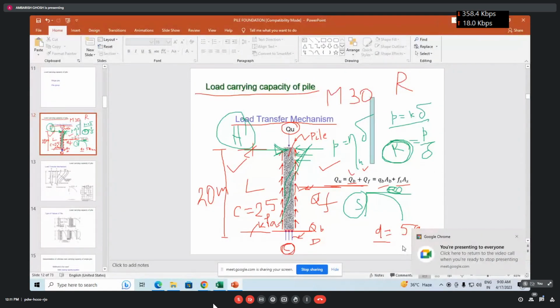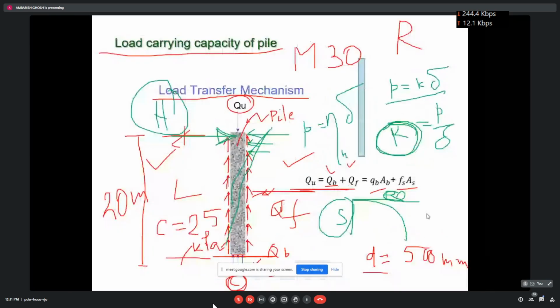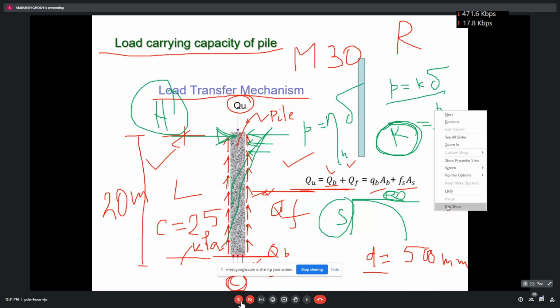So you can calculate I, and I have given the grade of concrete, so you can calculate the E value. E you will get from the grade of concrete: 5,000 into root over fck, isn't it? So everything is known. You calculate now.